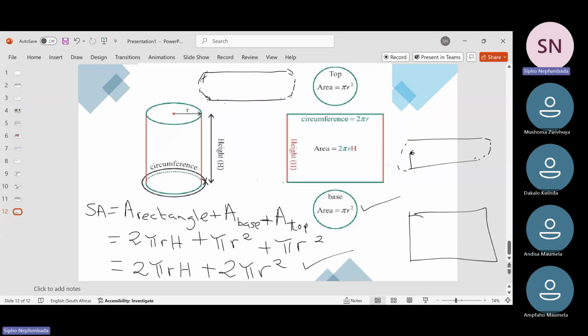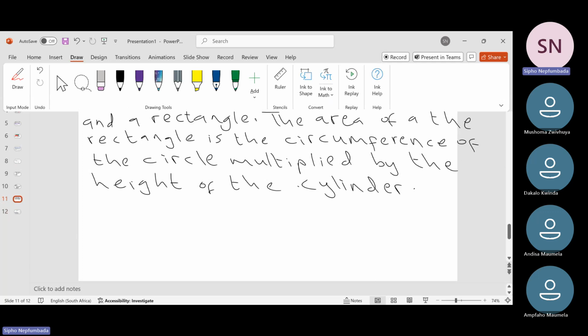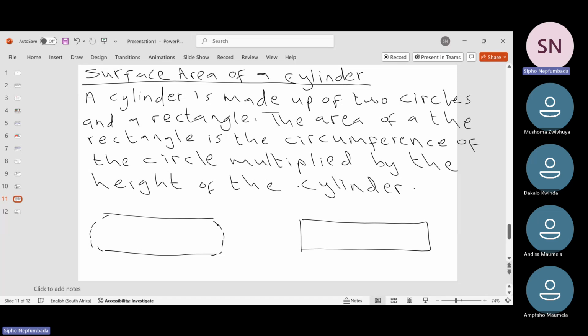So, guys, this area that we're talking about is for this one. We're talking about two different things here. This is not the same as this.